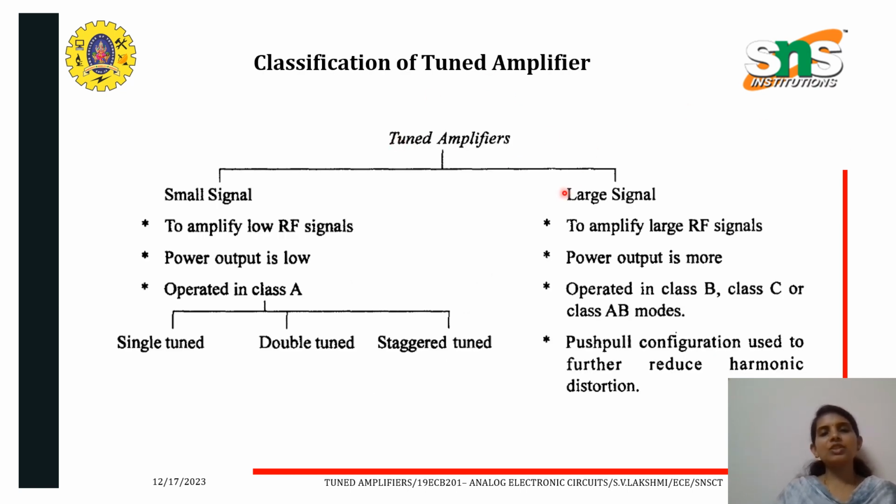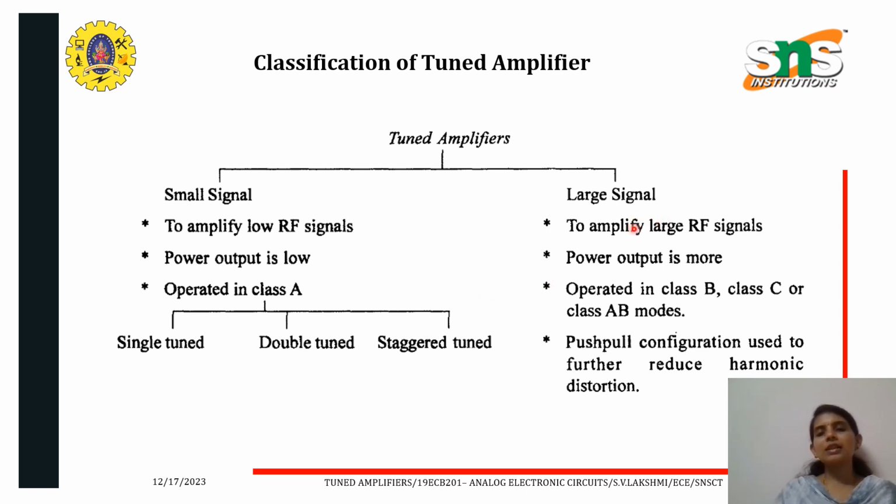The classification of tuned amplifiers: generally we classify them as small signal and large signal. Small signal tuned amplifiers amplify low RF signals, the power output is low, and they are normally operated in class A. We have three categories of small signal amplifiers under class A: single tuned, double tuned and staggered tuned.